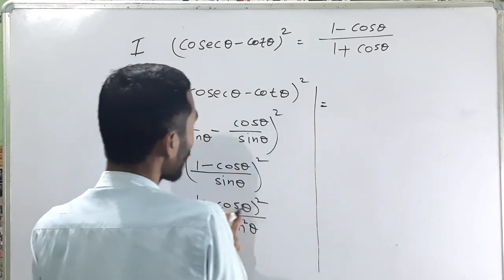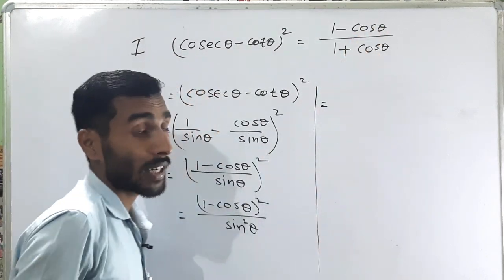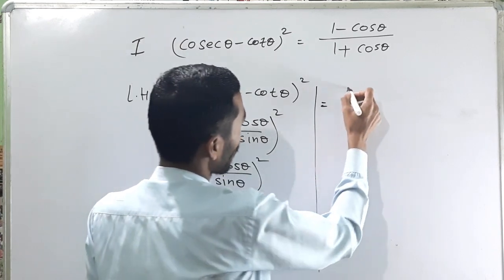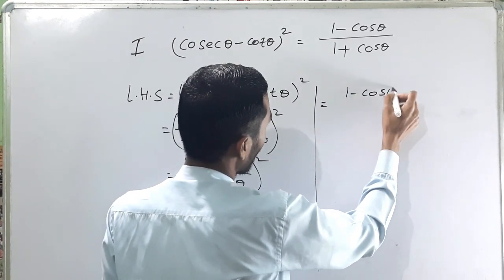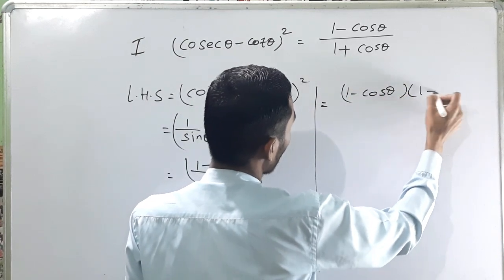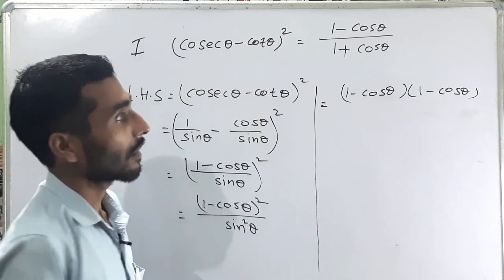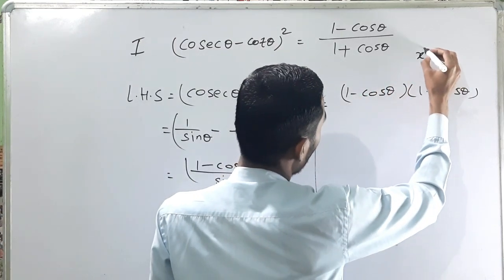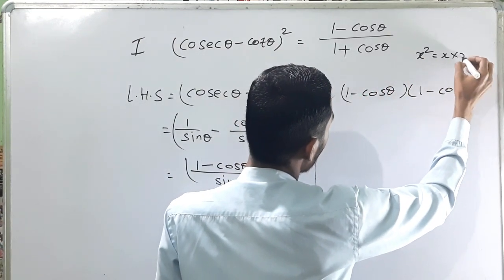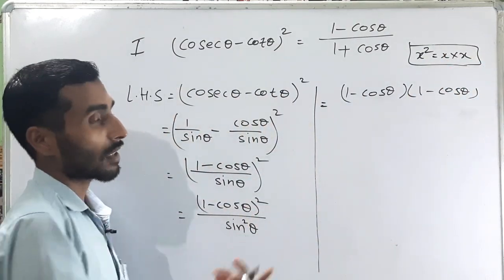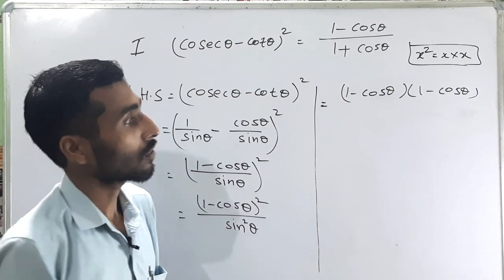Because we need 1 minus cos theta in the numerator, we can write the square of 1 minus cos theta as 1 minus cos theta into 1 minus cos theta, just like x square equals x into x.